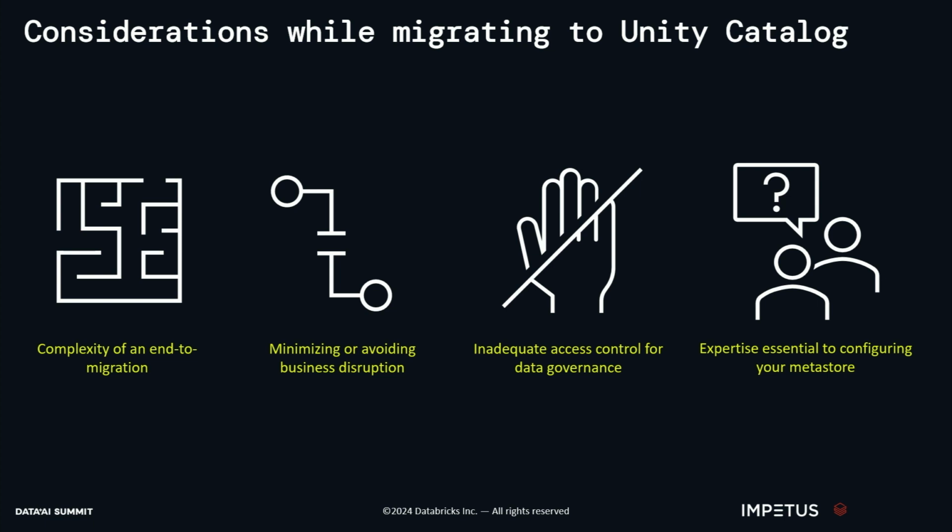The second thing is how do we avoid business disruption when we have this migration planned. The third thing is, do we have enough access to be able to do this kind of a migration or an upgrade to Unity Catalog? And the fourth one is, does my team really have the expertise to go through the utilities that are out there and be empowered to successfully do the migration to Unity Catalog? So these are some of the considerations that you might want to keep in mind as we are planning for a UC migration.